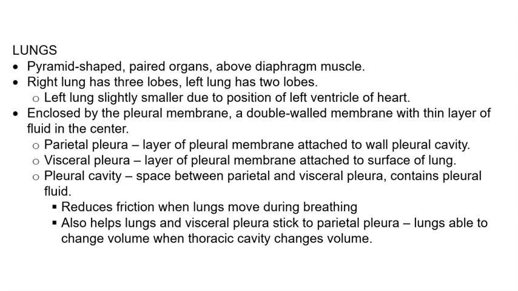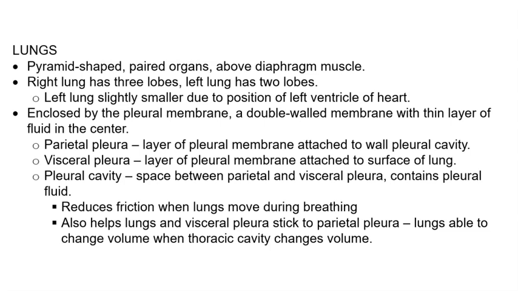And we see that the pleural cavity is the space between the parietal and visceral pleura and contains a fluid called the pleural fluid, which helps to reduce friction when the lungs expand and compress during breathing movements. But the pleural fluid also helps the visceral pleura, and with it the lungs, to stick to the parietal pleura.